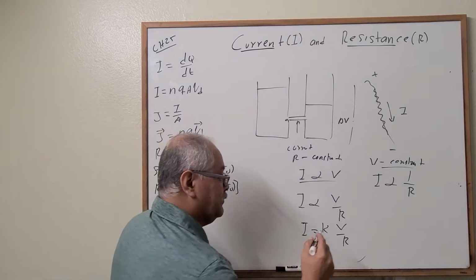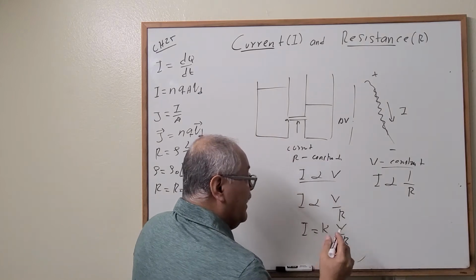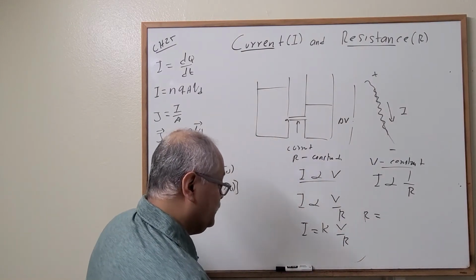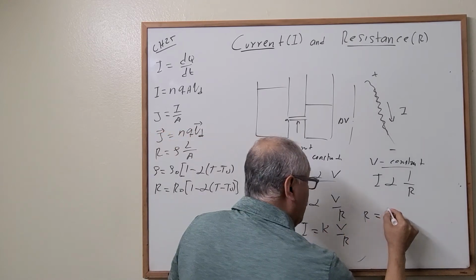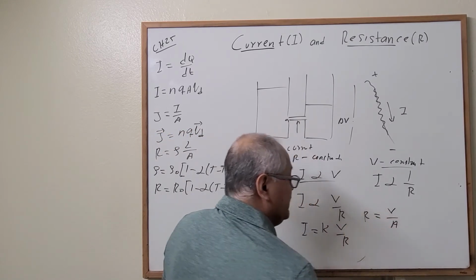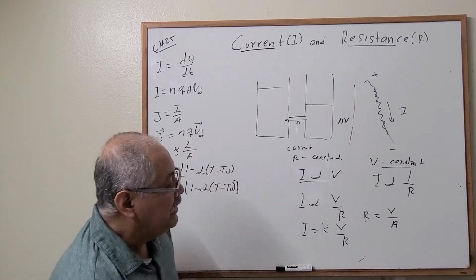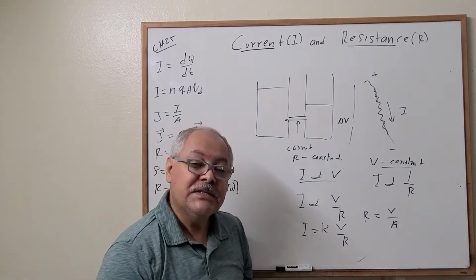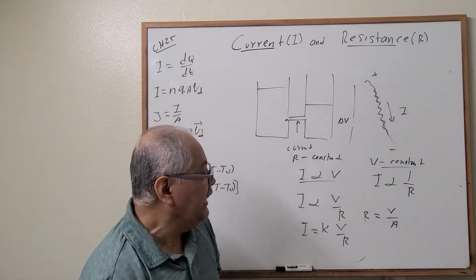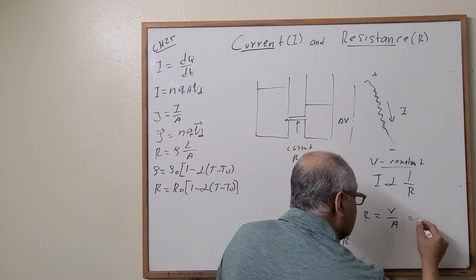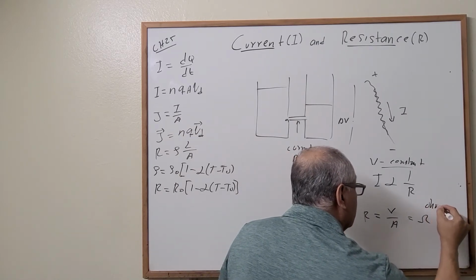Let's define the units for resistance to be equal to volts divided by amps. Volts divided by amps are the units for resistance, and this has a special name called ohms. It's going to be 1 ohm.